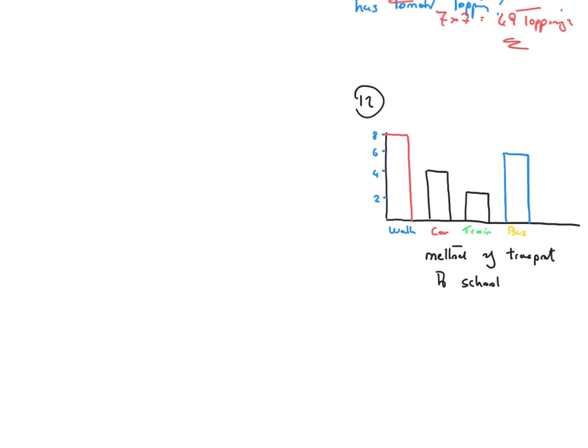Okay, question 12. We've got this diagram. In a class, pupils indicated how they travelled to school.